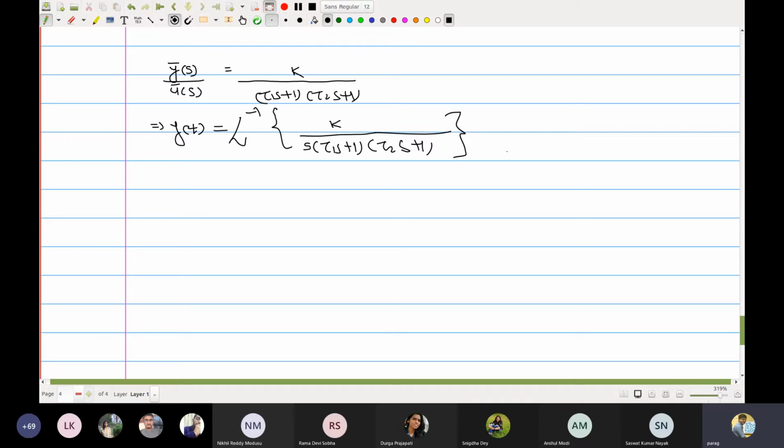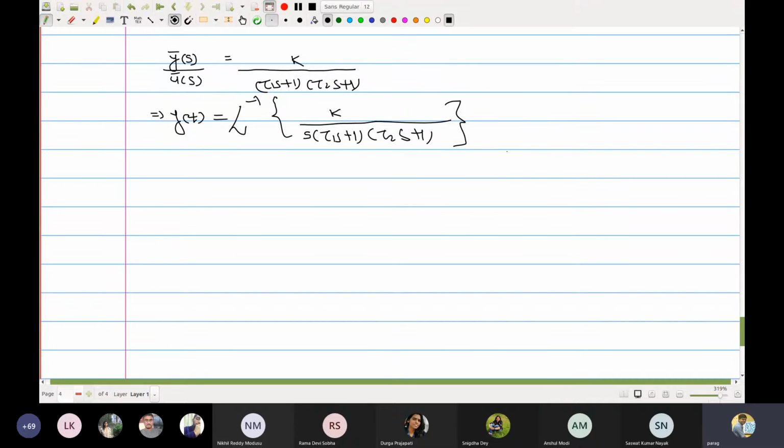Now, how would you determine the Laplace inverse? You will do a partial fraction and you will then invert the individual terms. Like we did not bother to spend time on determining the eigenvalues and eigenvectors and so on because the procedure was very standard and trivial. I'm not going to waste time here in determining this. What I will do is I will write the final expression because I have already worked that out for you at home. So this is going to be k times, I very sincerely hope that you know how it will come.